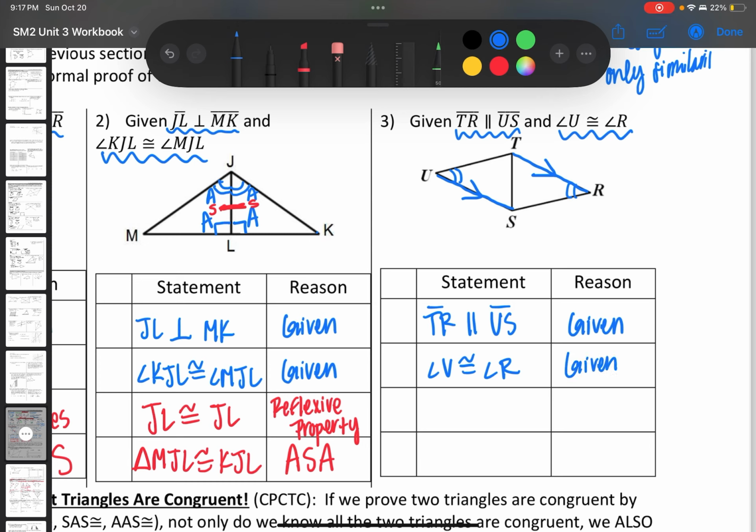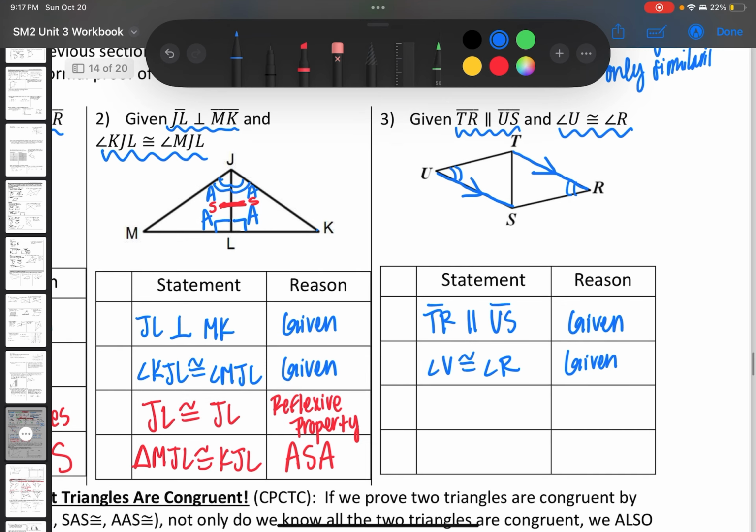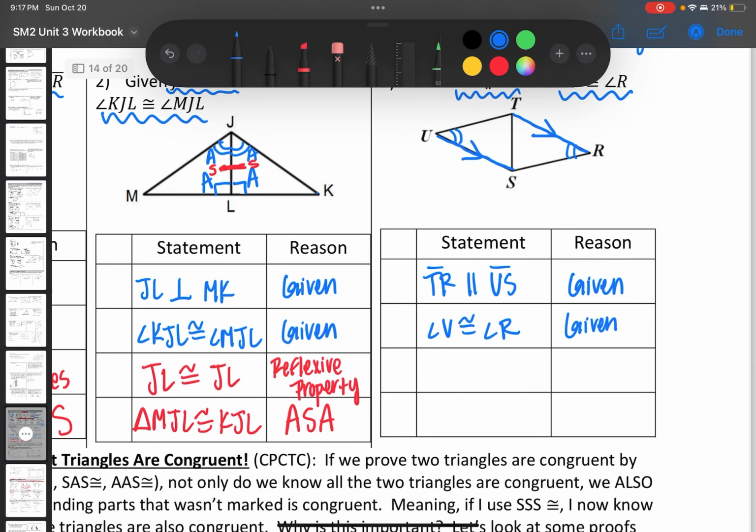So let's write this out. If I only know that one angle is congruent in each triangle, I need to find something else to show that they are congruent. As you probably already saw, these two triangles share a side.